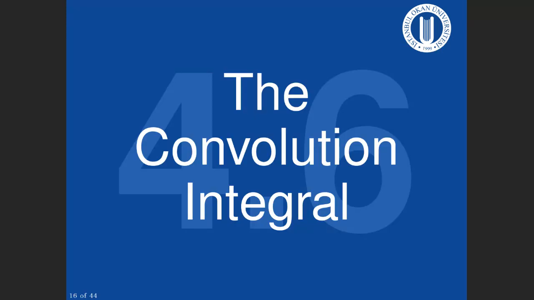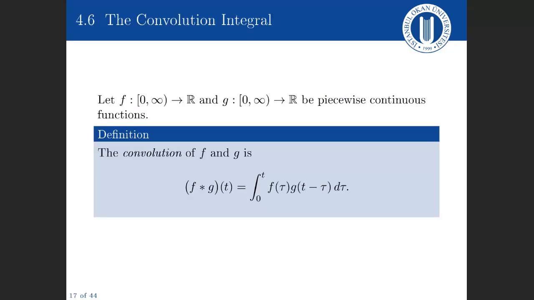Our second idea for today's lesson is the convolution integral. Let's suppose we have two piecewise continuous functions. There's a way to combine these functions, which is called the convolution of these functions. And we write this as f star g, or f asterisk g.